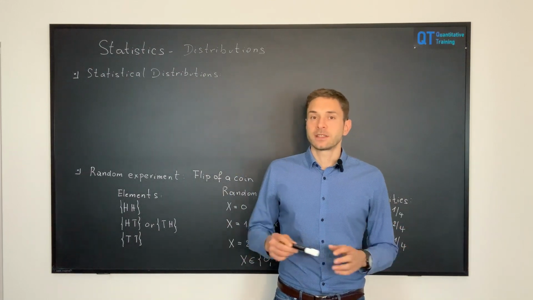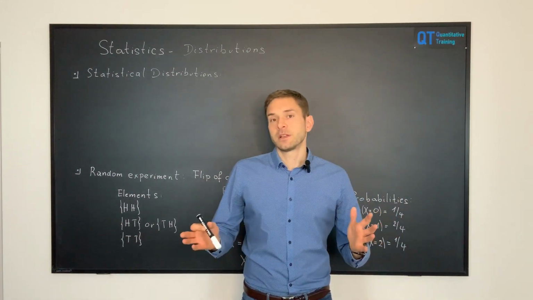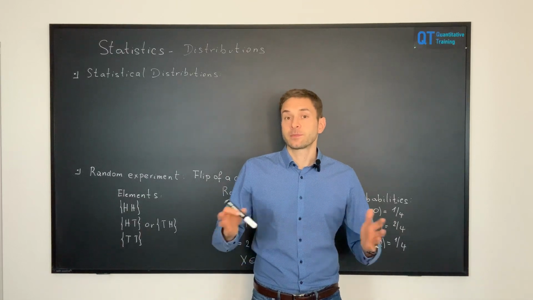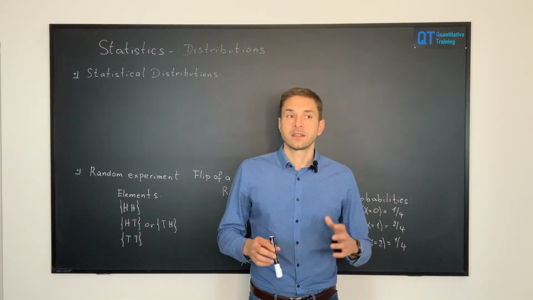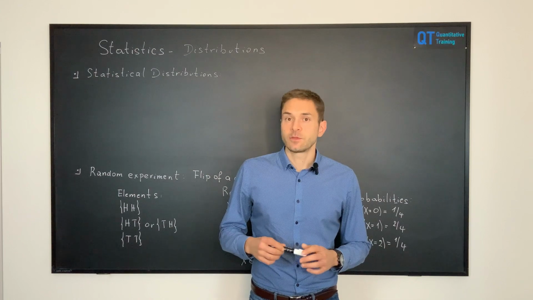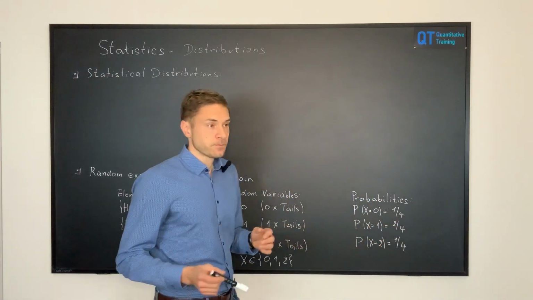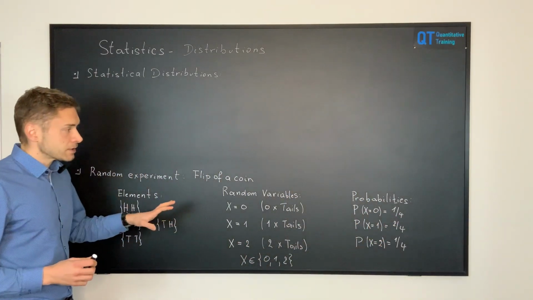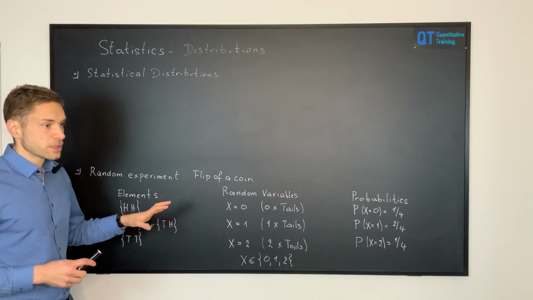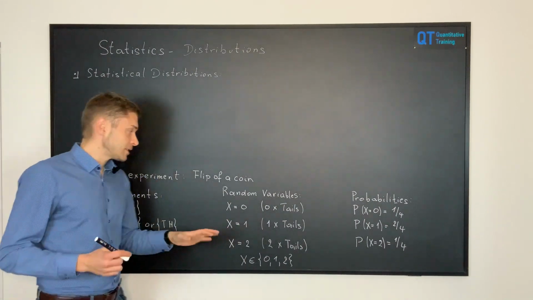In order to illustrate this, we are going to use the example random experiment that was already introduced in the previous lectures, namely the flip of a coin 2 times. The results, or the sample space and associated random variables, are summarized within this table.